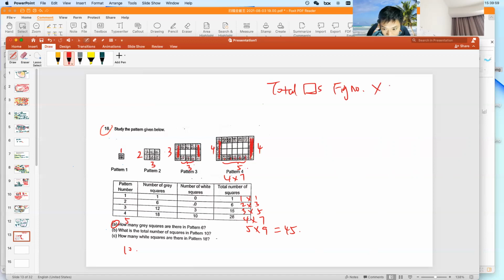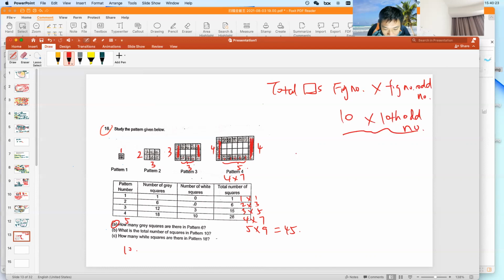That's why I observe the figure number odd number. So it means if the figure number is 10, then you need to find out the 10th odd number, and then you times it, then you get the answer, right? So basically that's how you do it.